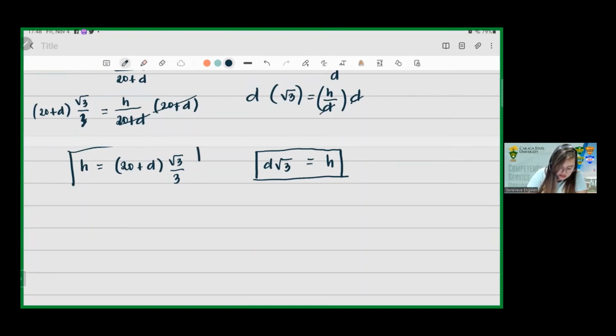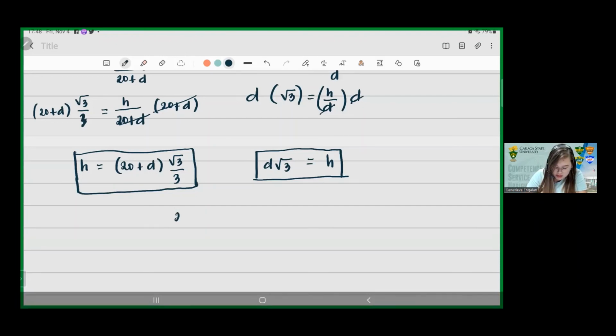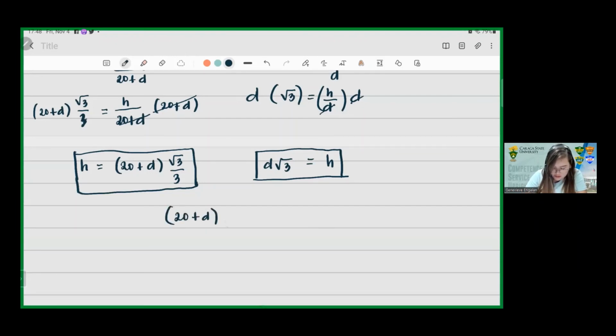Since both are H, we can equate them. So 20 plus D times square root of 3 over 3 is equal to D times square root of 3.